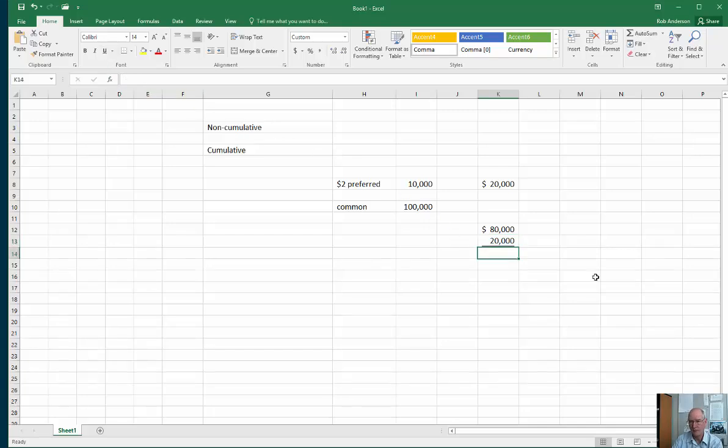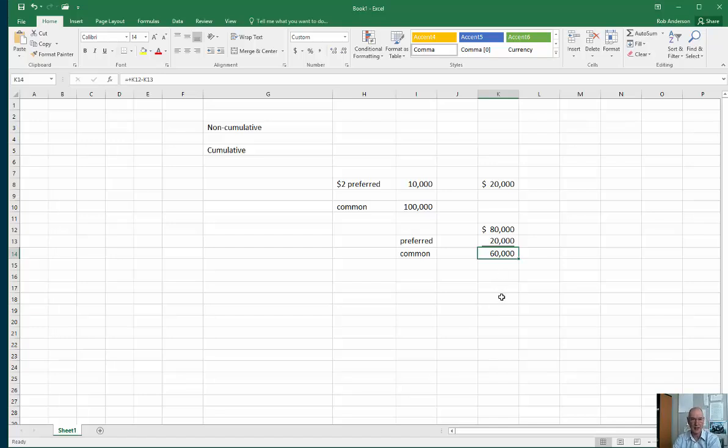And of course, you know, we can do this in our head. We don't need Excel to do this, but we will anyway. The common shareholders are going to get $60,000. So here's preferred, and here's common, and of course these two add up to our $80,000. So that's just a basic starter.